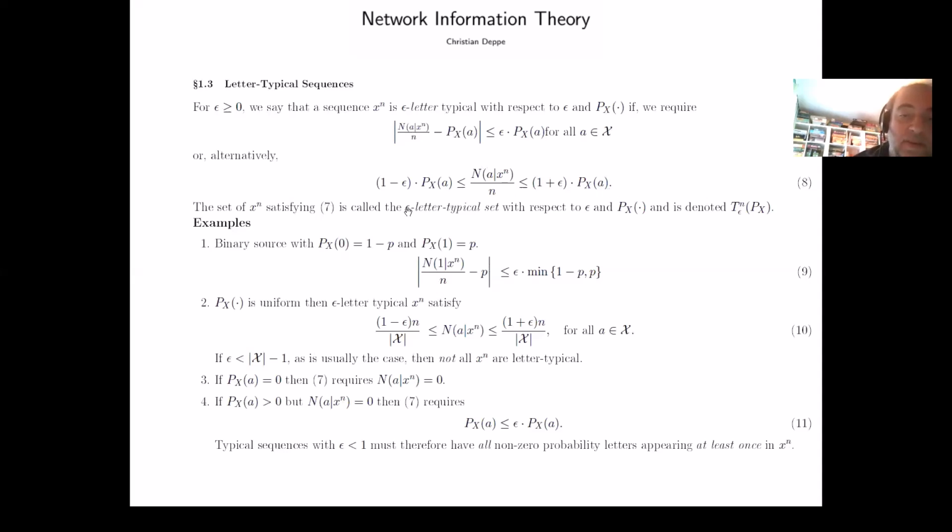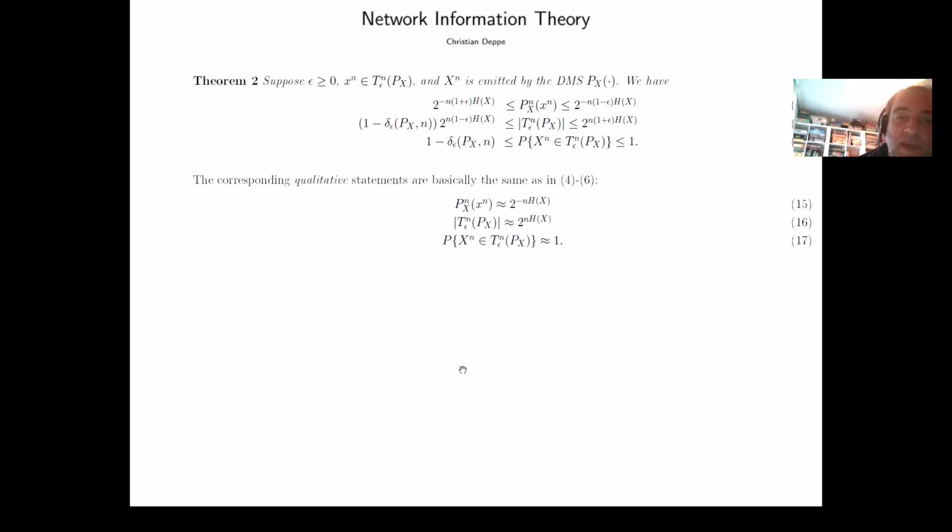Then we call the sequence epsilon-letter-typical. And again, we denote the typical set by T_epsilon^n(p_X). And we looked already at some examples, and you did more of them intensively in the tutorial last week.